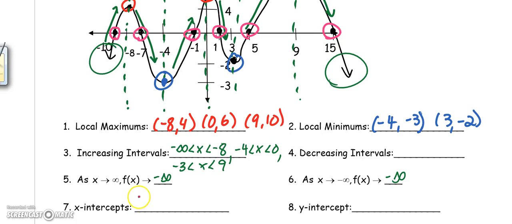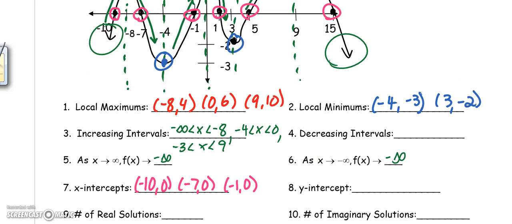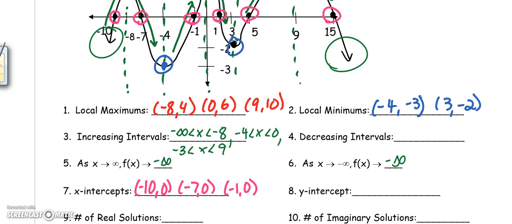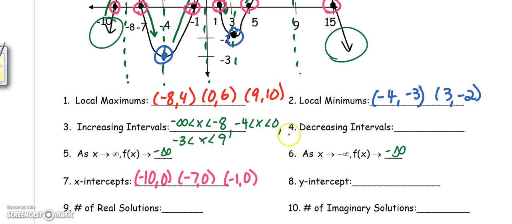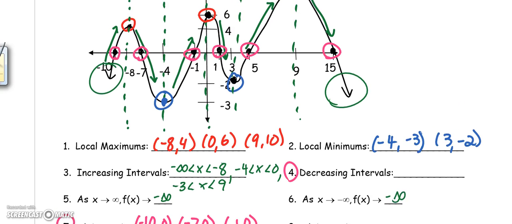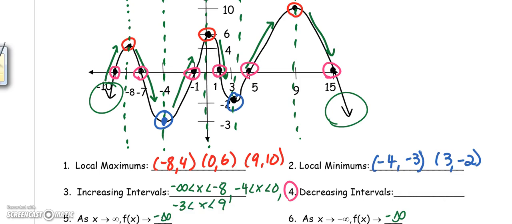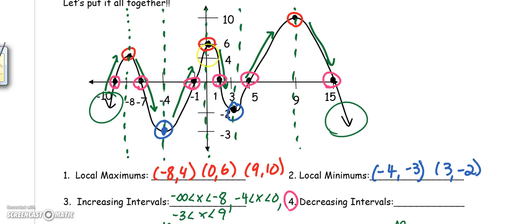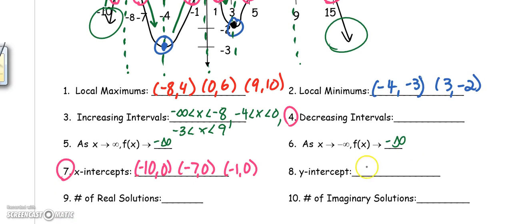So I've got -10, 0, -7, 0, -1, 0, and then I want you to go ahead and write the last 3 in. Alright, y-intercept. If it's a function, there's always only one y-intercept, and we've got that right here. That would be at 0, 6.